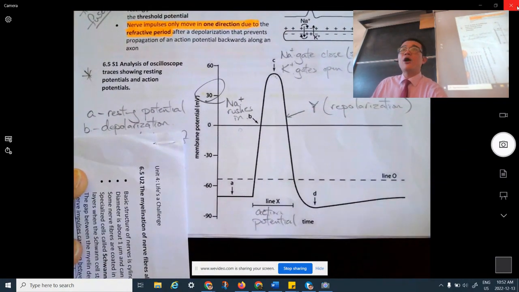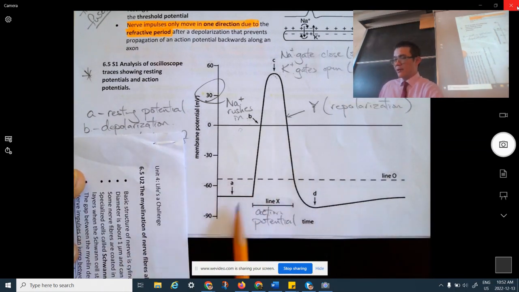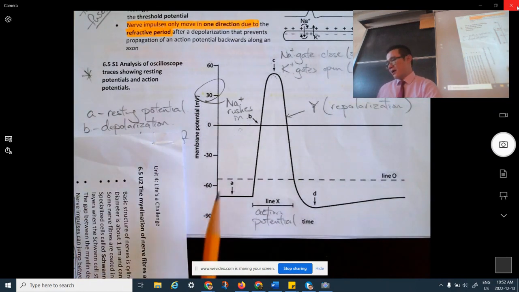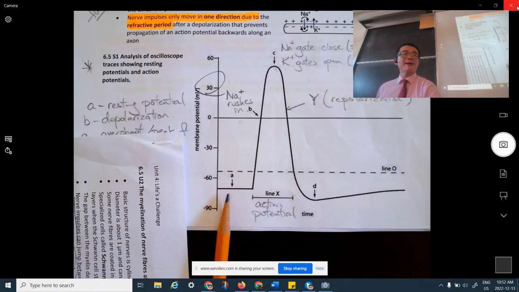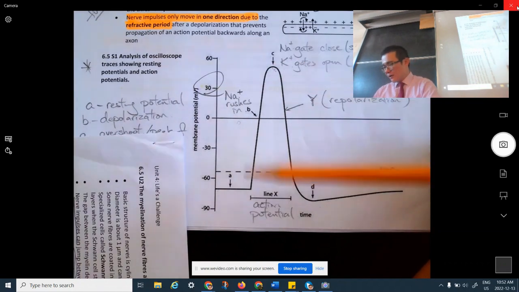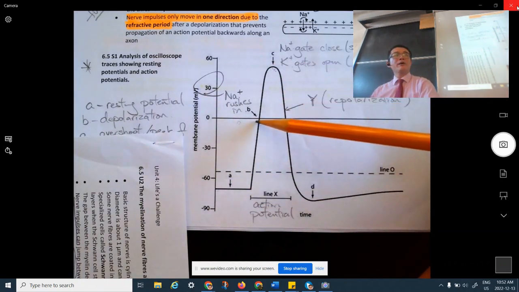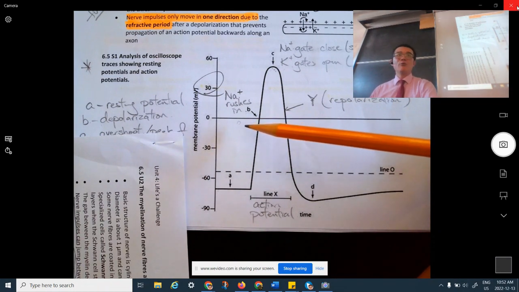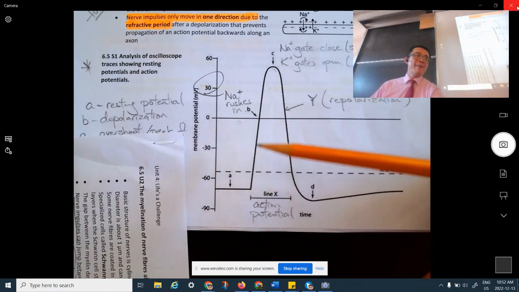This is a very common question on a test, where I could show you the graph and ask, at point A, what is happening or what is it called? At point B, which of the following things is happening, or which is not happening?